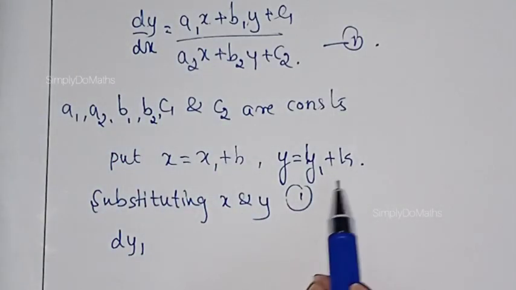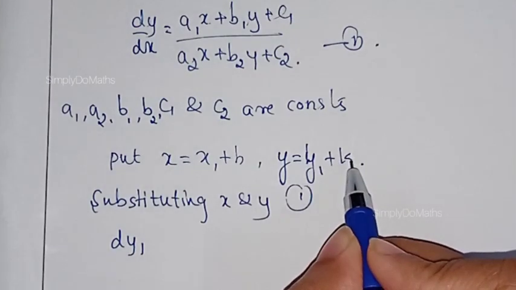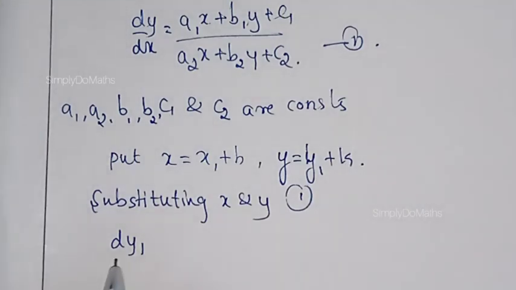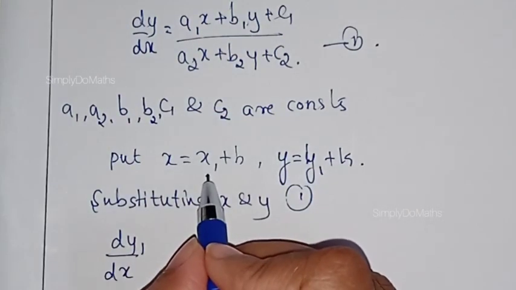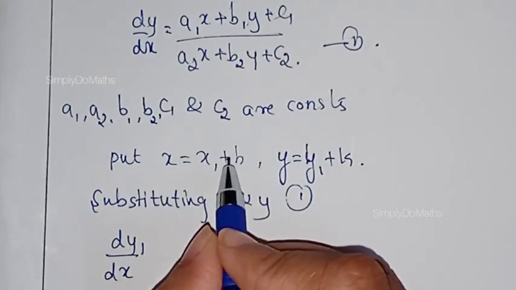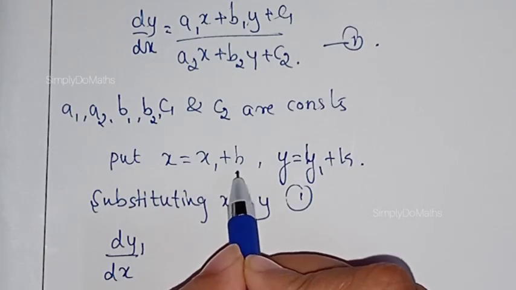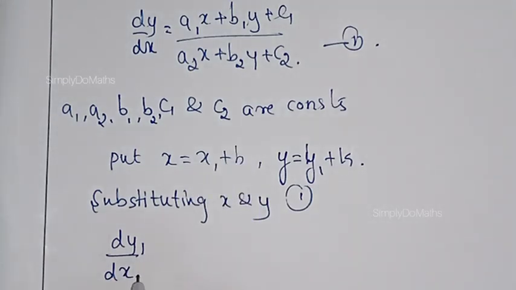Derivative of y1 plus k is dy1 itself, because k is a constant and the derivative of a constant is 0. In the place of x we have x1 plus h, so the derivative of x will be the derivative of x1 plus h. Since h is constant, we are left with only dx1. So dy1 by dx1 will be the term.